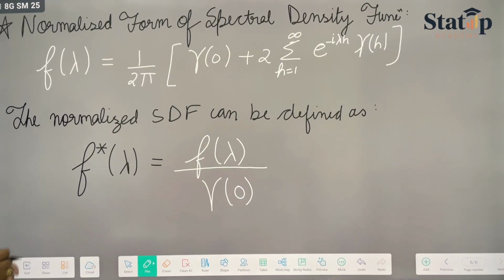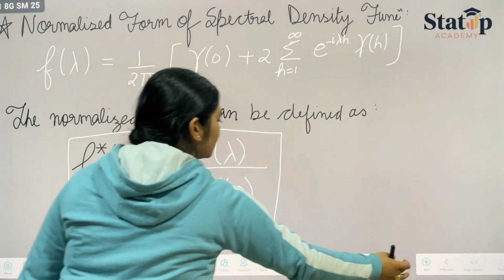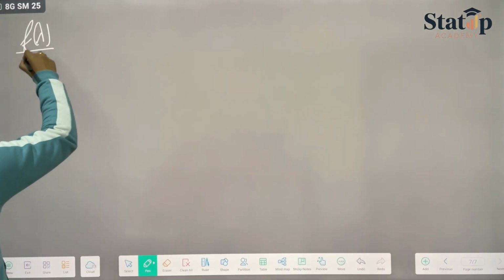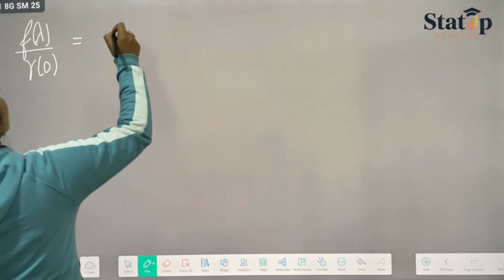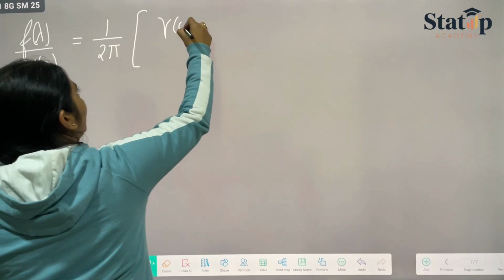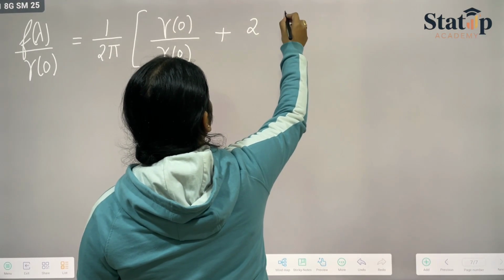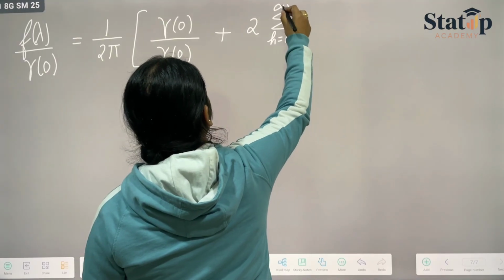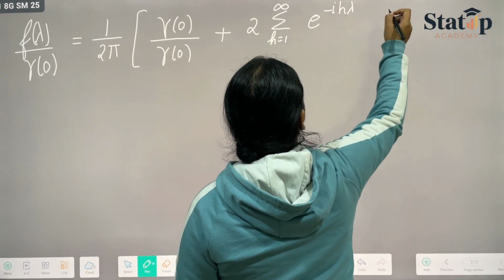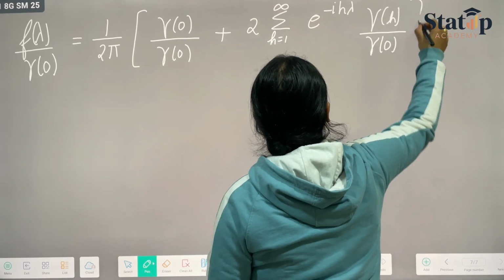So this would be our normalized form of spectral density function. So if we divide, f lambda upon gamma naught equals, this was 1 upon 2 pi, gamma naught upon gamma naught plus 2 into summation h goes from 1 to infinity e raised to the power minus I h lambda gamma h upon gamma naught.